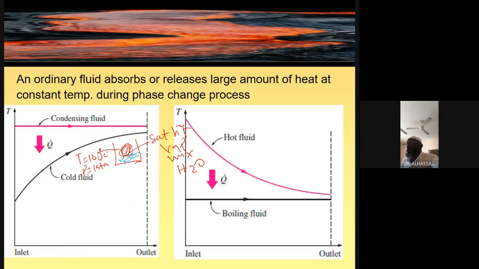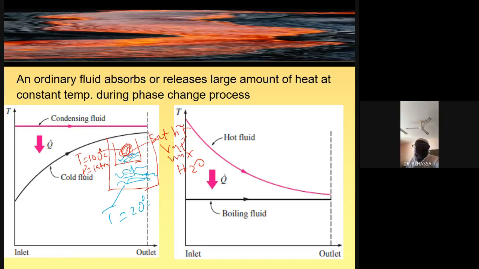Now, if I drop this whole thing inside water whose temperature is 20 degrees Celsius.